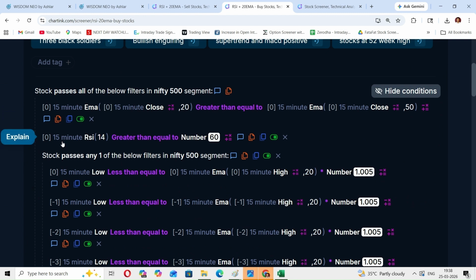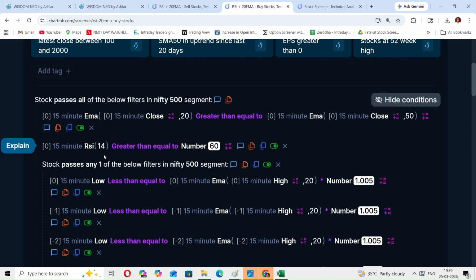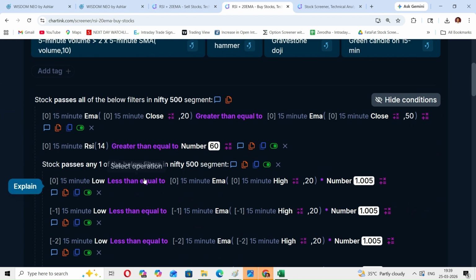Then the next criteria is 15-minute RSI should be greater than or equal to 60. The RSI value is default. Whichever stocks have an RSI value higher than 60 will be displayed in this particular scanner. And that is our goal, right?